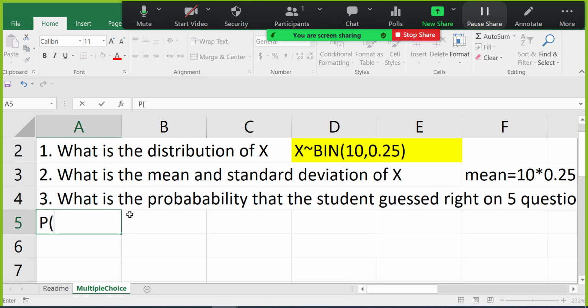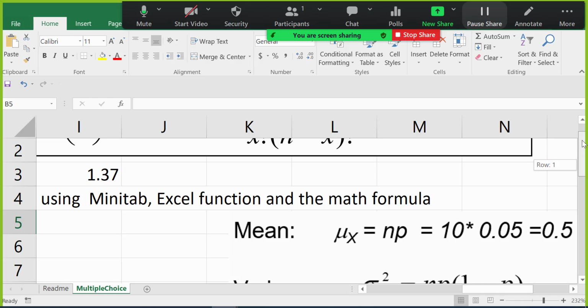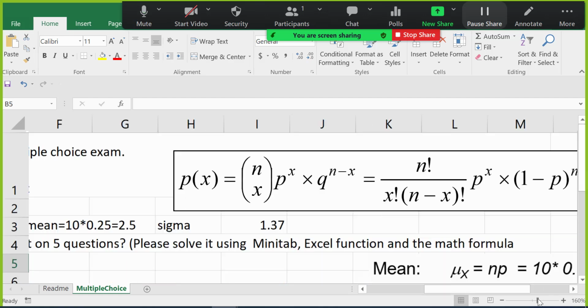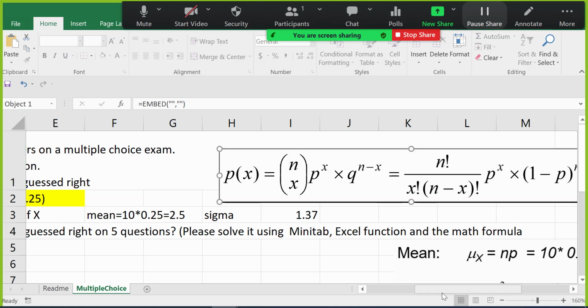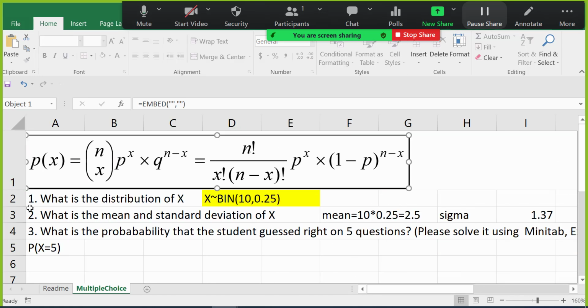So we'd like to know the probability that X equals 5. We know we have the formula here. So this is the formula, right? Type here.